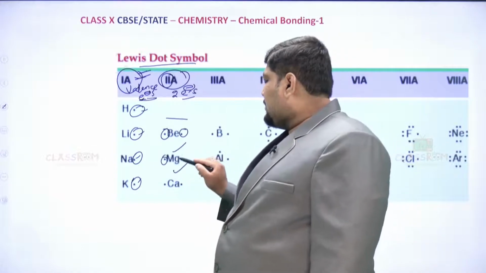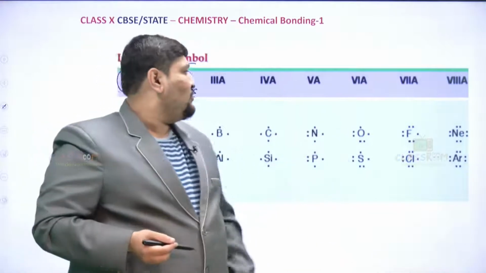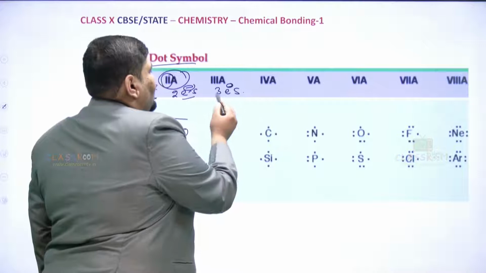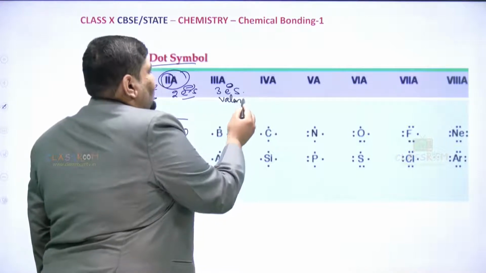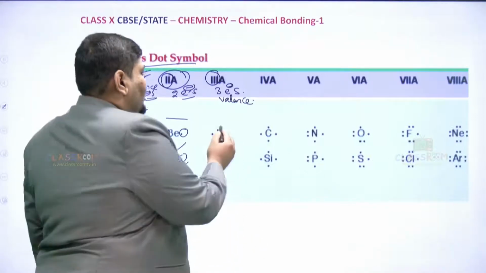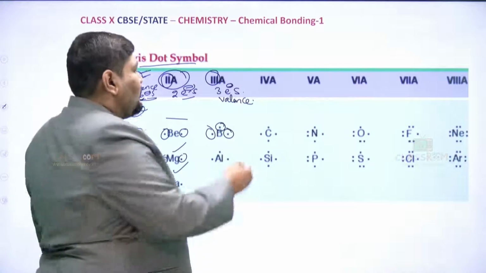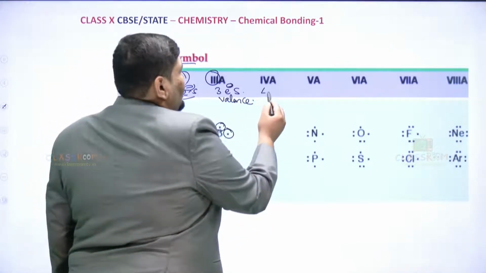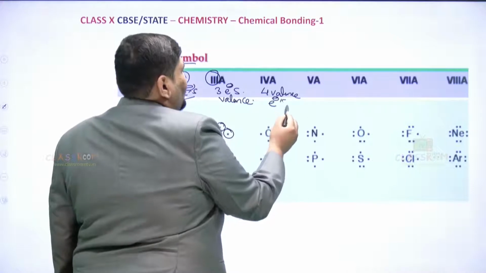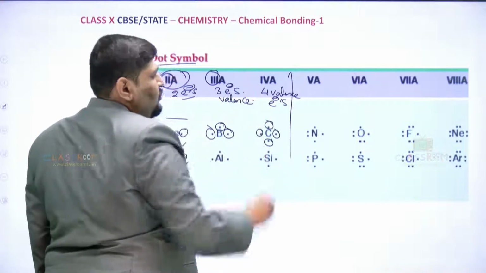In the third group, there are 3 valence electrons; the group number gives you the confirmation. In the same way, in the fourth group, you can see 4 valence electrons.